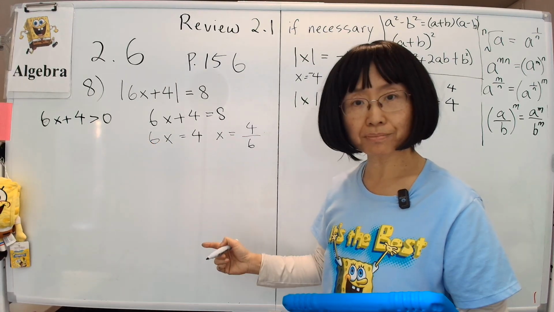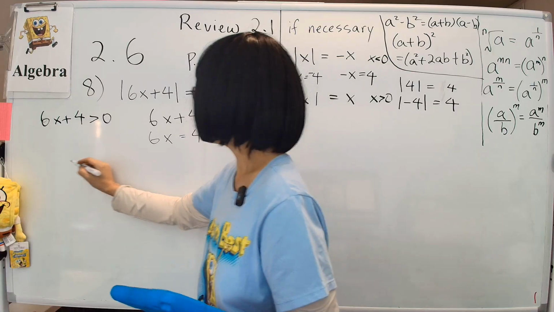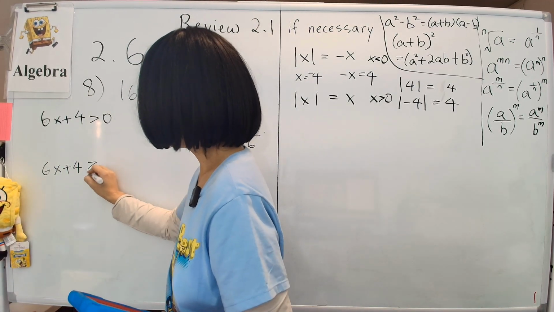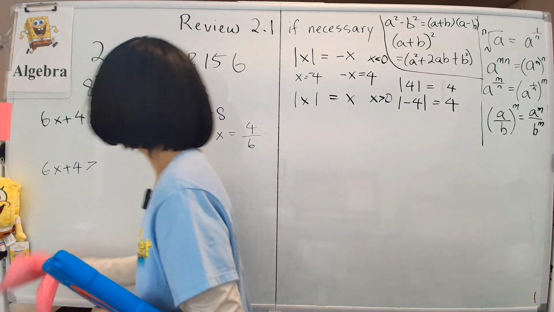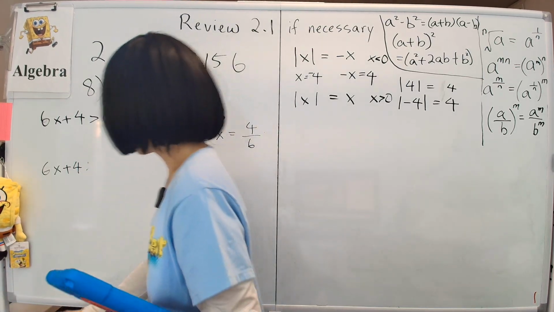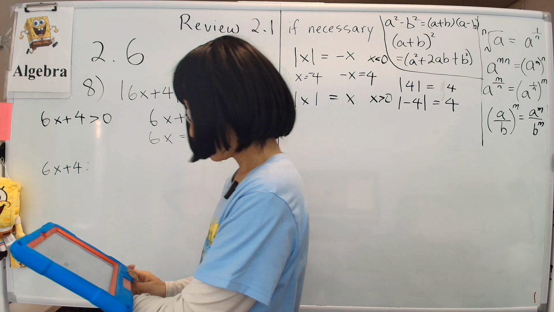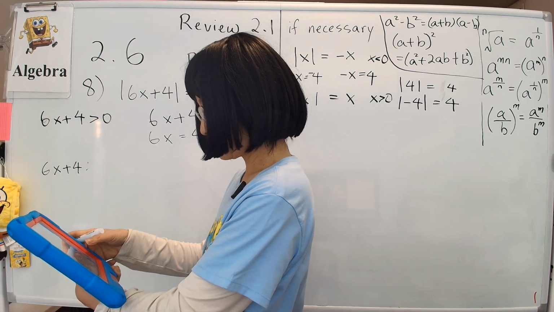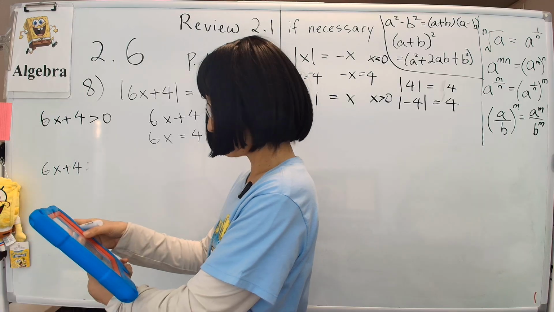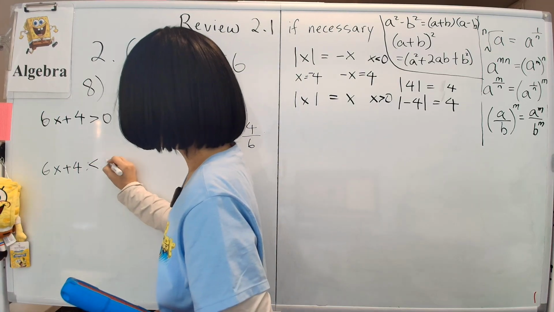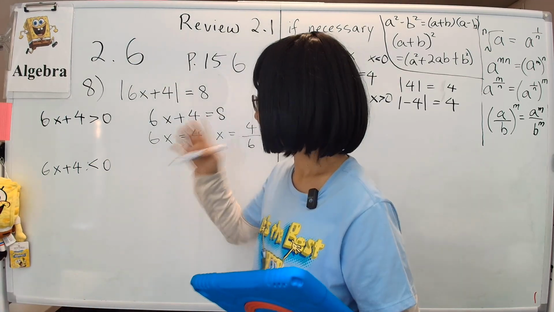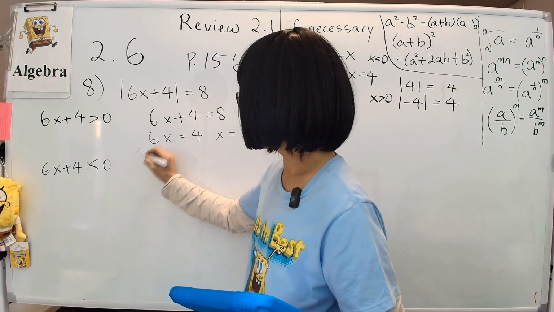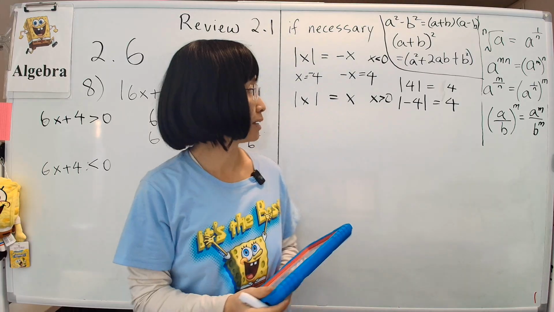There's another possibility. What if this thing is less than 0? So if 6x plus 4 is less than 0, and do we say less than or less than or equal to? Well, anyway, if it's less than 0, then we have to slap a negative sign on there.